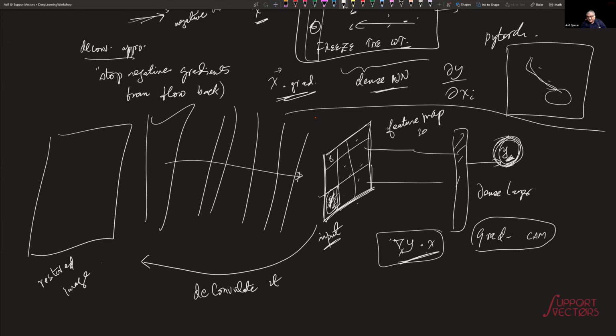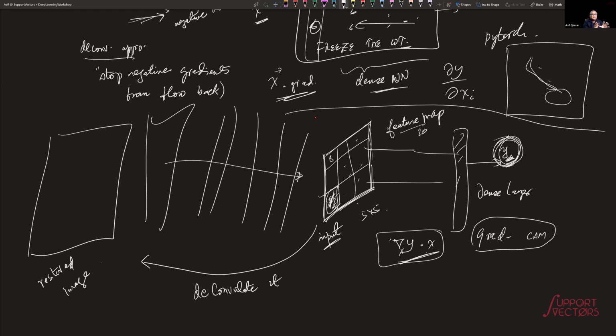Now you realize that the restored image is not going to be as high resolution as the input image, because this feature map is a tiny map. Let's say that it is a 5x5 map and you have 20 features. So a lot of information has gotten compressed in very little data. And when you try to do this deconvolution, it is not going to be a super high resolution image at all.